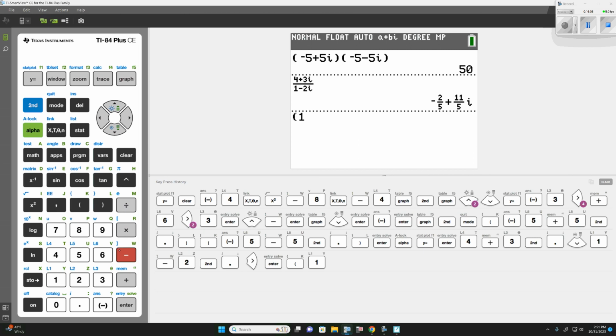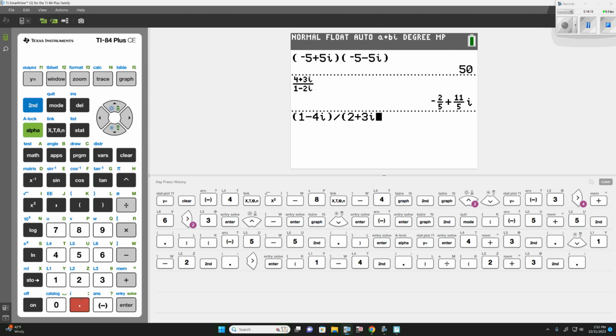So (1 minus 4i) divided by (2 plus 3i). You will need to make sure to use the parentheses, otherwise it will not give you the correct answer. Because it will only divide the middle two, so in this case it would have been negative 4 and 2, and then just did addition and subtraction.